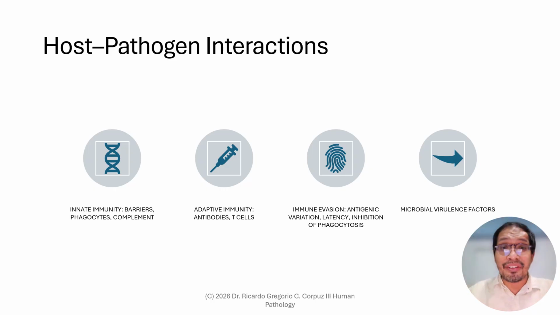A highly virulent pathogen can overwhelm even a healthy host, while an immunocompromised patient may suffer severe disease from organisms that are normally harmless. So, pathogens survive by evading or manipulating the immune system and the host responds with layered defense. The severity of infection depends on which side gains the upper hand.